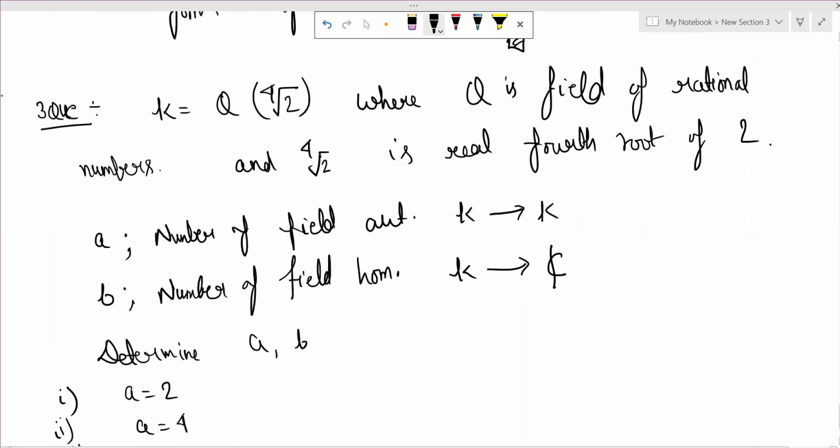First try to understand the statement. K is the smallest field containing Q and the fourth root of 2, where Q is the field of rational numbers and the fourth root of 2 is the real fourth root.